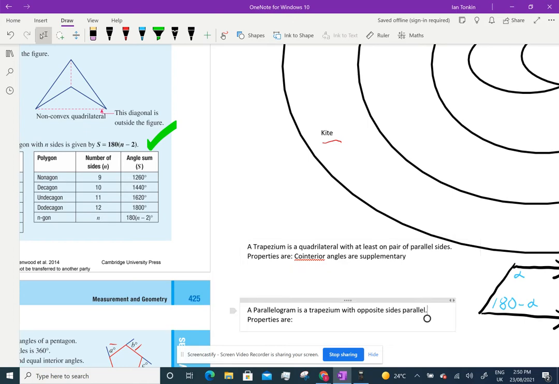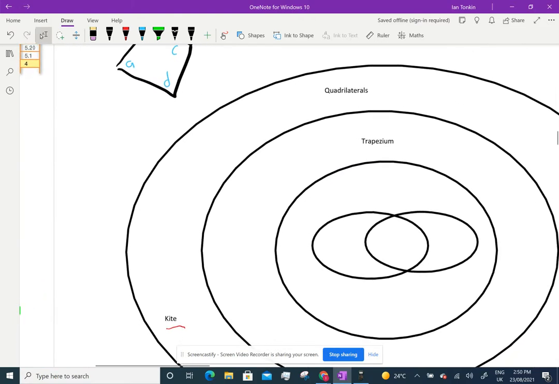And there we go. So there's our trapezium.